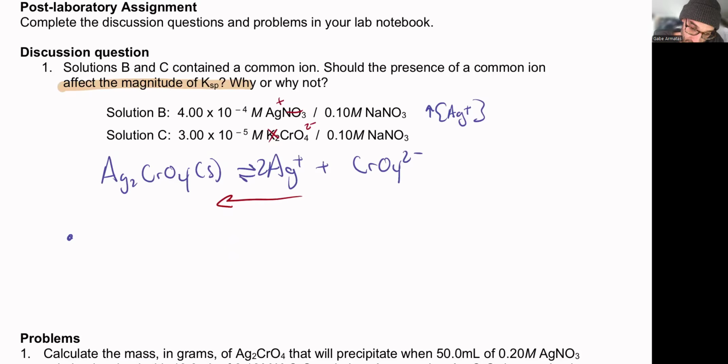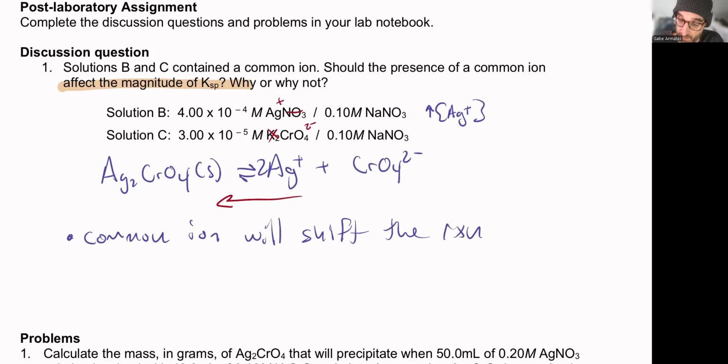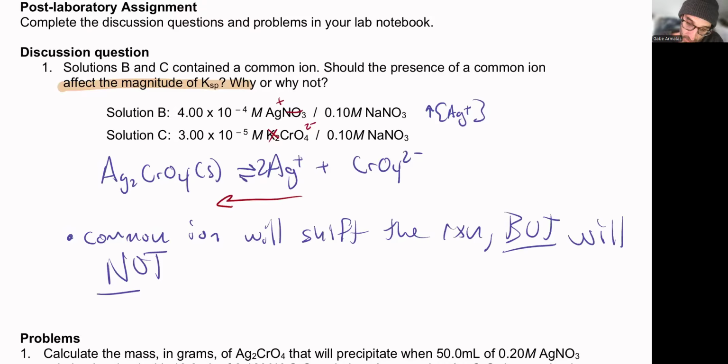So yes, common ions will shift the reaction, but will not change K. In fact, the only thing that can change K is temperature. So K is going to remain constant. You are going to get an adjustment: because you have more silver, you're going to have less chromate in order to equal K, but K will remain constant as it always does.